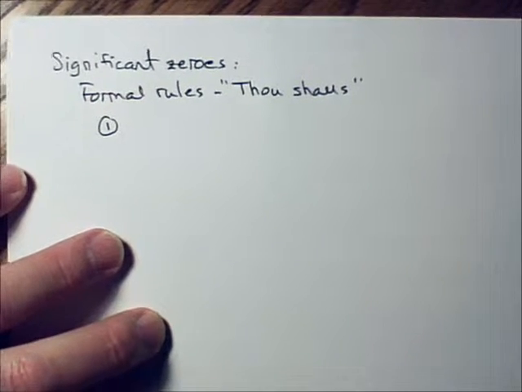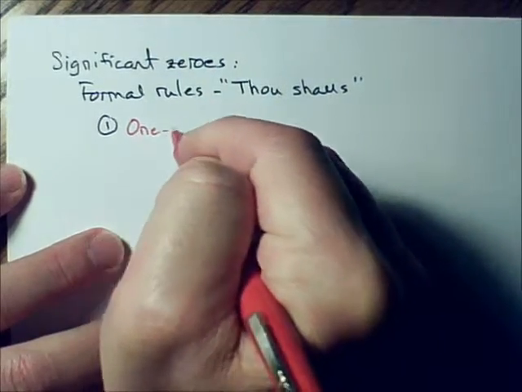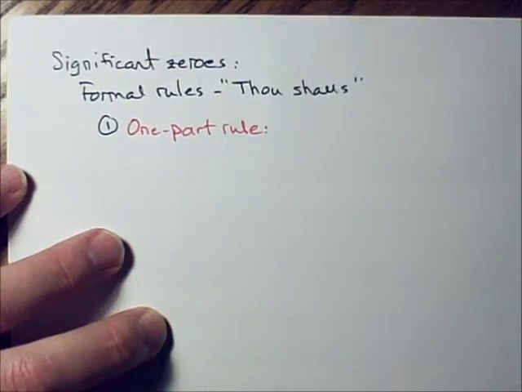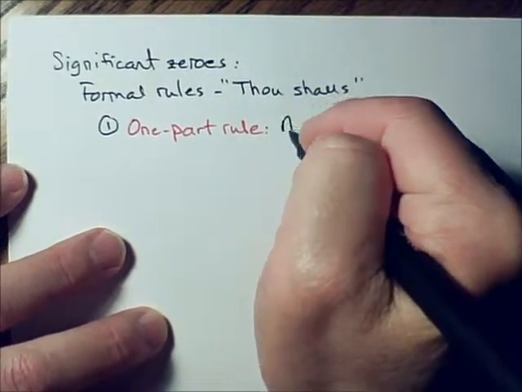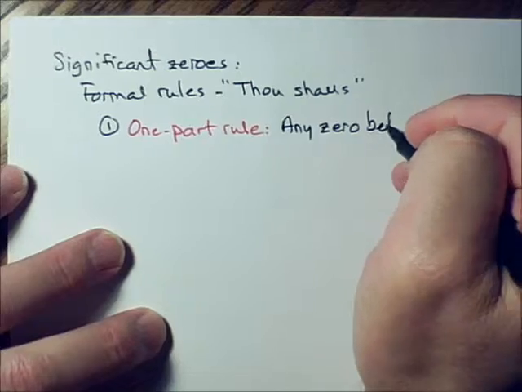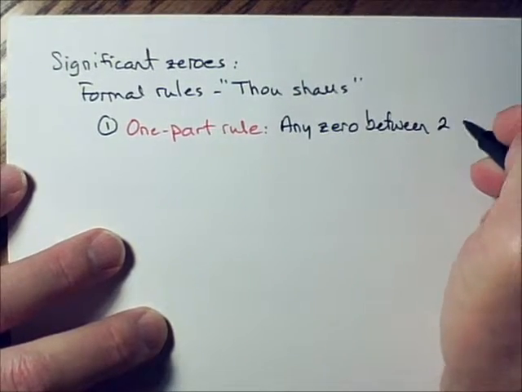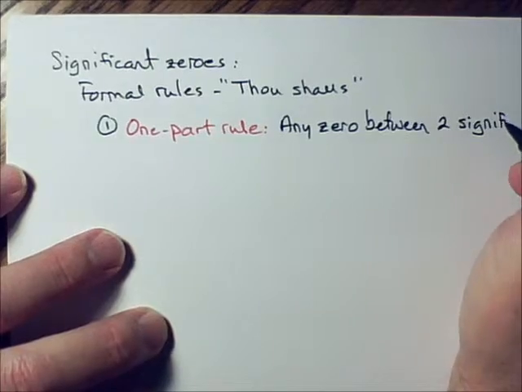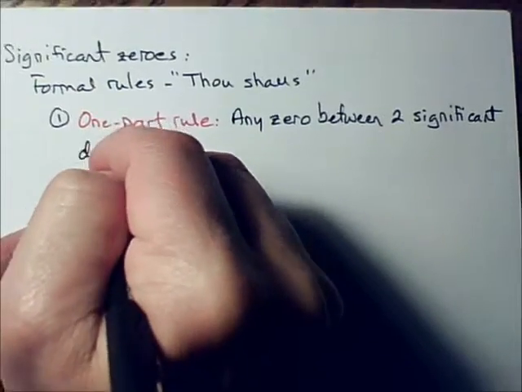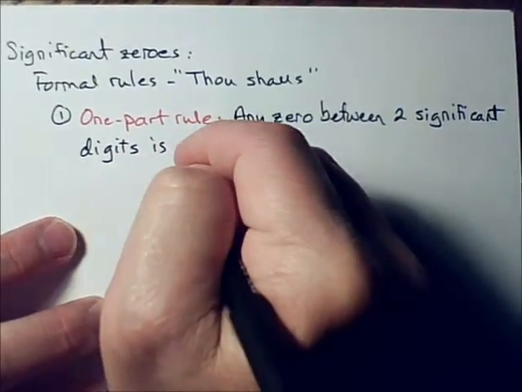Now there's two rules for significant zeros. One of the rules has two parts. One of the rules has one part. Okay. So I'm going to start with what I call the one-part rule. In the one-part rule, any zero between two significant digits is significant.